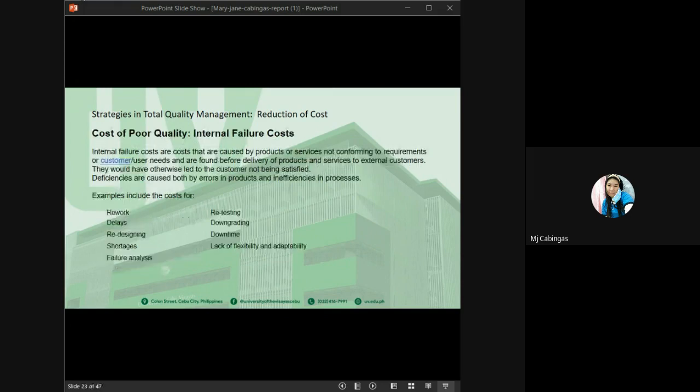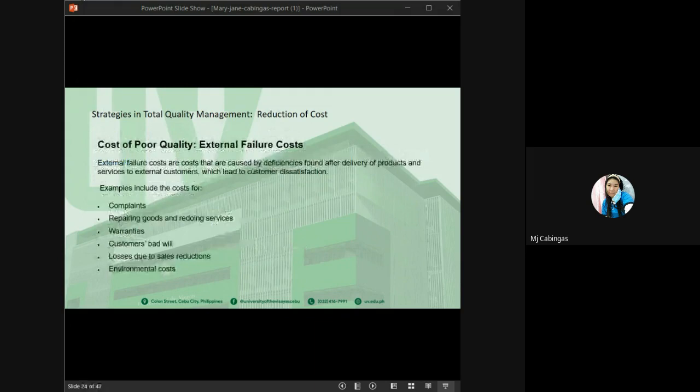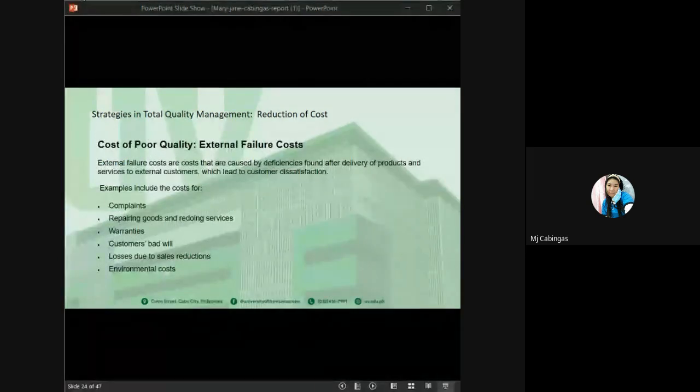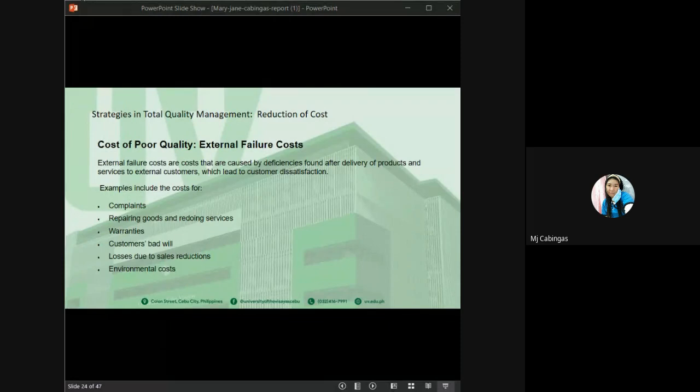So, ang example ani kay quality planning. Ang example ani kay na complaints, kanang repairing goods and redoing services, ang warranties, nya customers' badwill, losses due to sales reductions, and environmental costs.